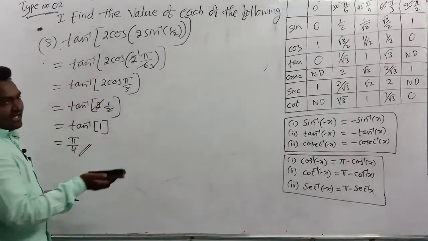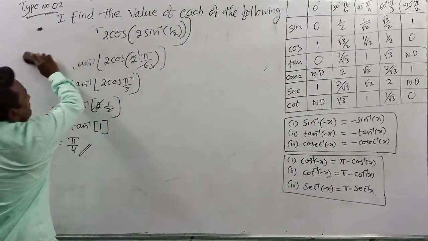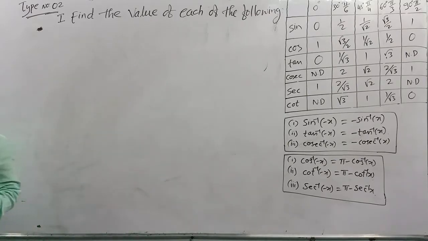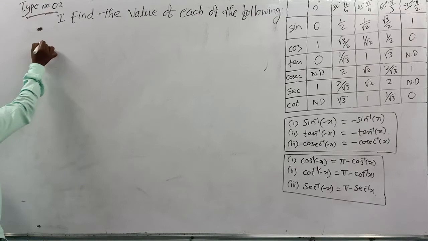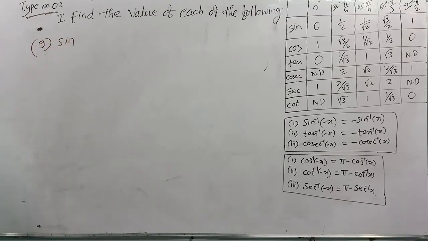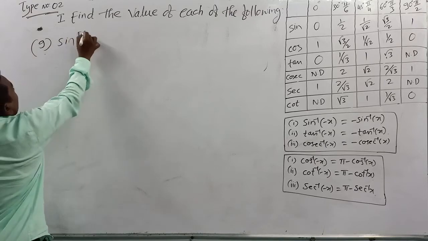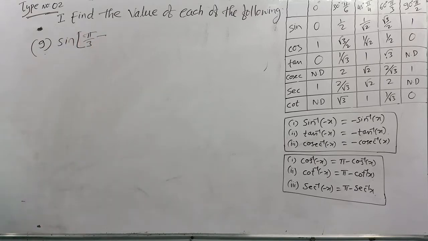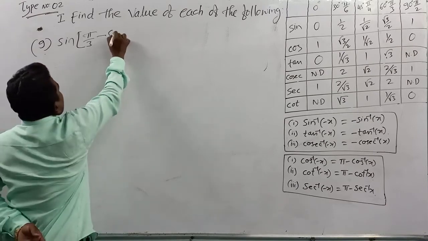Now the last one is sin of, in bracket, pi by 3 minus sin inverse minus 1 by 2.